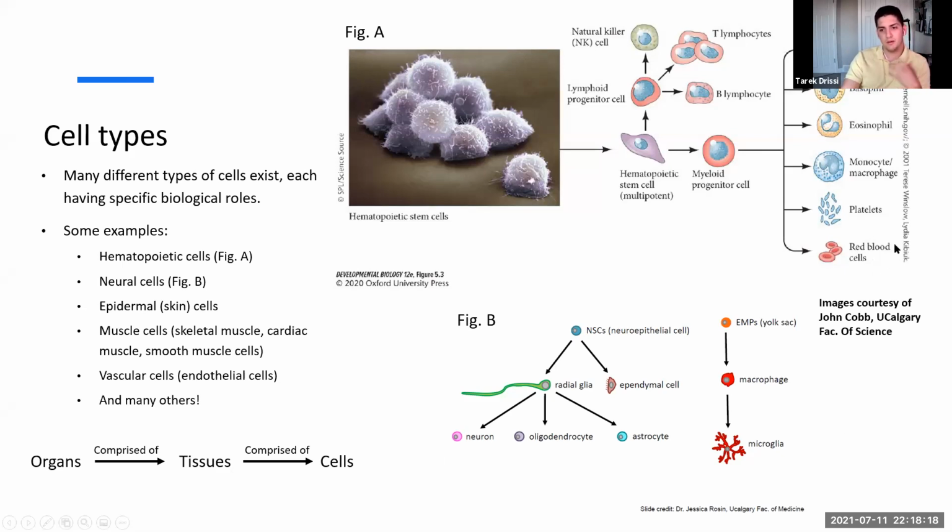Compare that to a red blood cell. A red blood cell will have a completely different repertoire of genes that are on to make sure that it can be a red blood cell. But they both originally have the exact same genome, but genes are turned on or off.